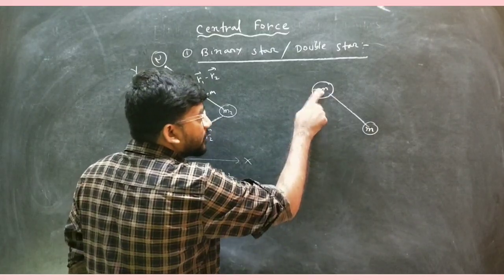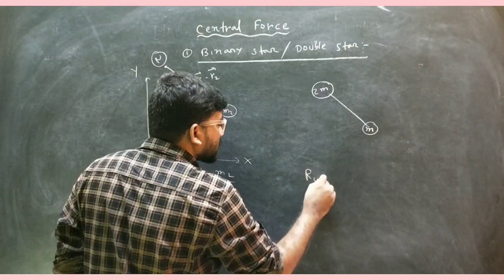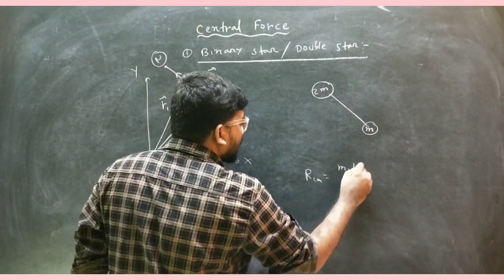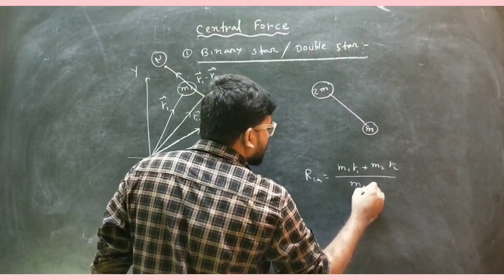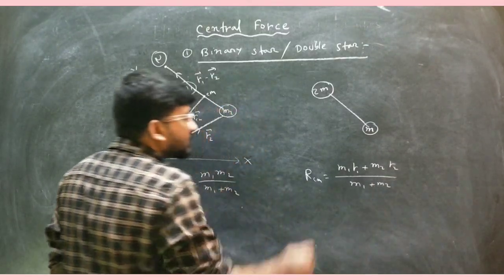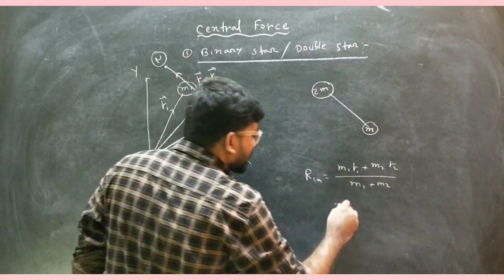With respect to 2m, the center of mass, suppose this is r center of mass, is m1 r1 plus m2 r2 divided by m1 plus m2. If this is the reference point, then the position vector of this is 0, so let us take r1 as 0.